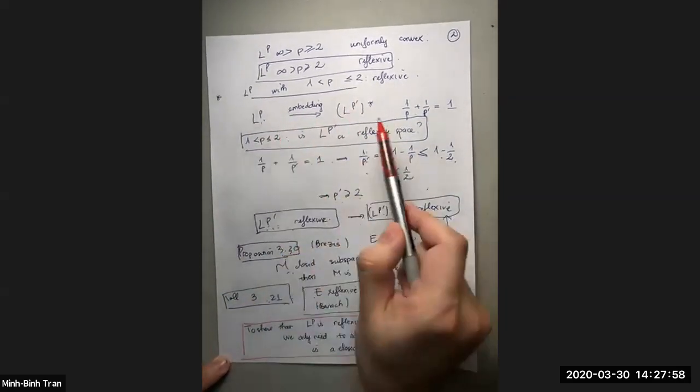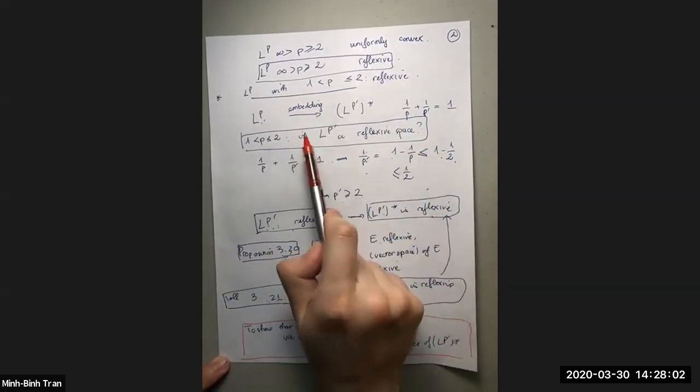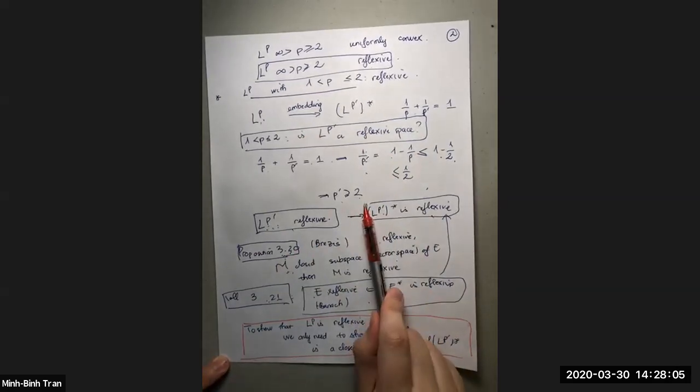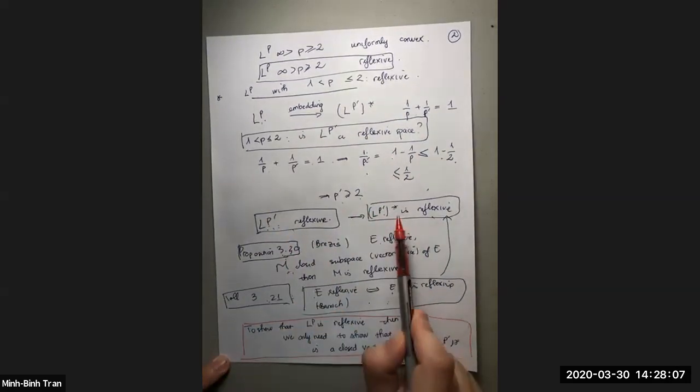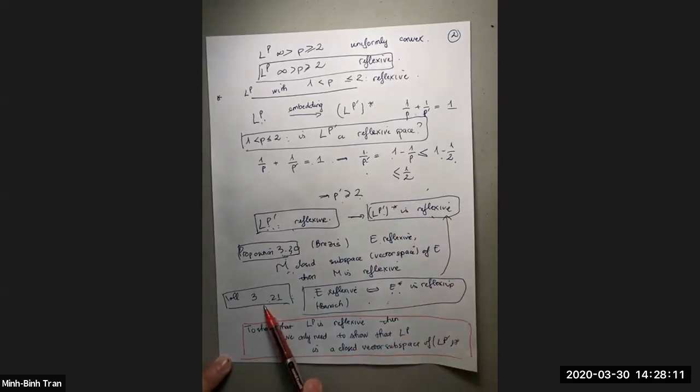Why is it? Because we know that L^p' is reflexive because p' is bigger than 2, right? So L^p' is reflexive, meaning that L^p' star is also reflexive. This is 3.21, something we discussed in the previous classes.